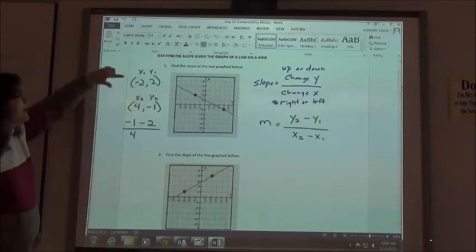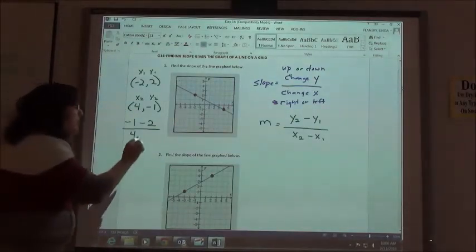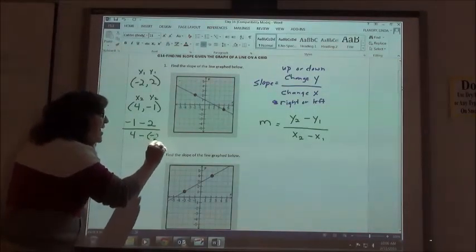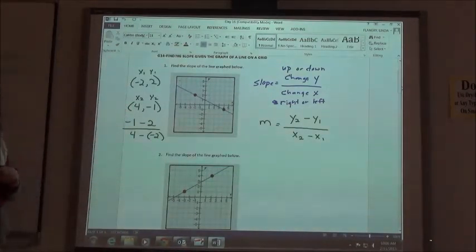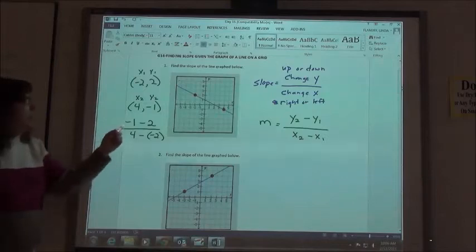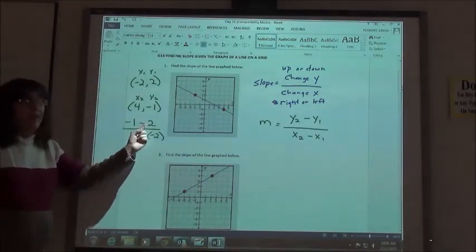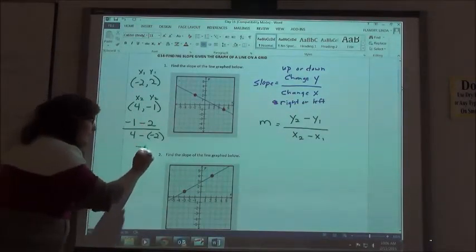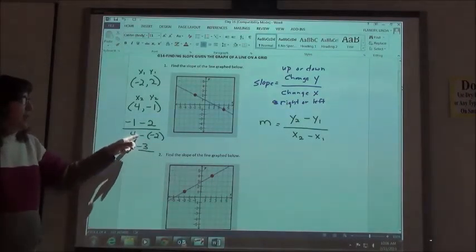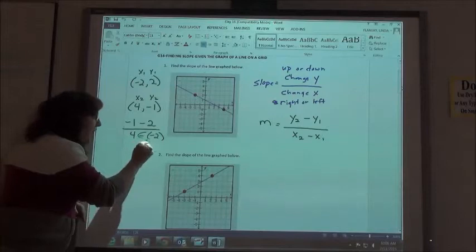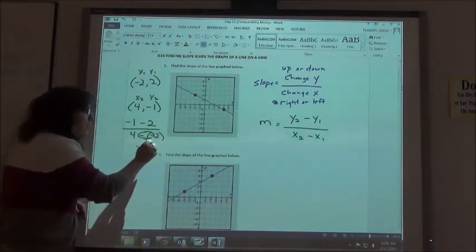I'm going to subtract the x value from point 1, so I'm going to subtract a -2. So if I'm doing my slope here, -1 minus 2 would be -3. 4 minus a -2, when I subtract a negative, I end up adding: 4 plus 2 is 6.